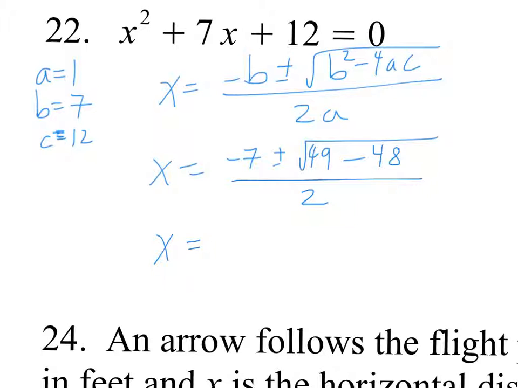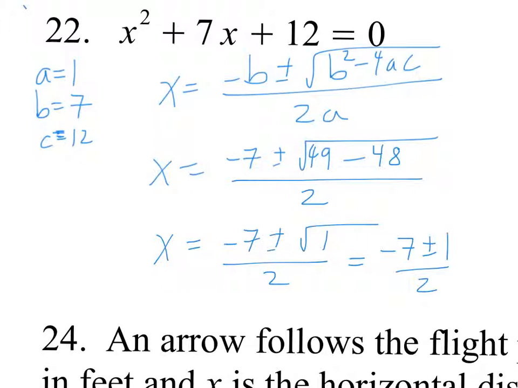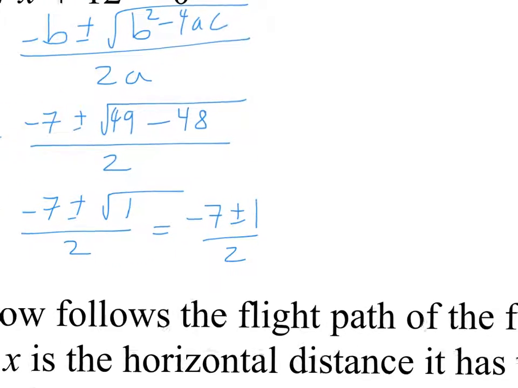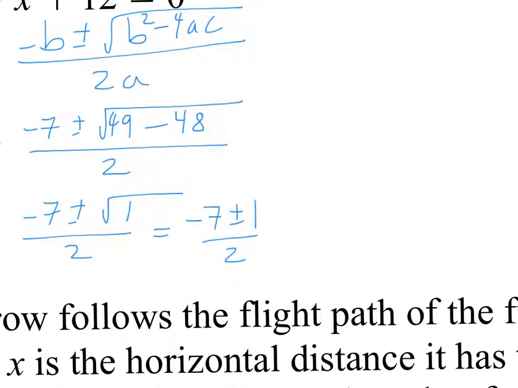So I have x equals negative 7 plus or minus the square root of 49 minus 48, which is 1. What's the square root of 1? 1. So the answer is negative 7 plus or minus 1, divided by 2. What I tend to do at this point is draw little arrows.